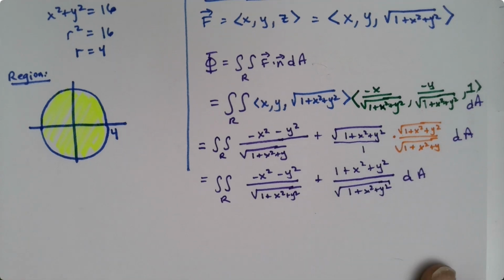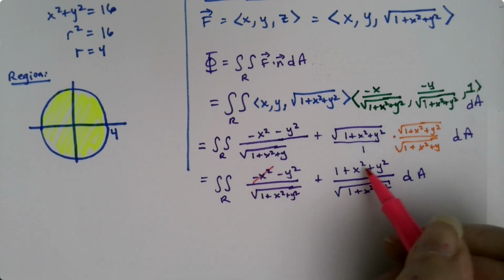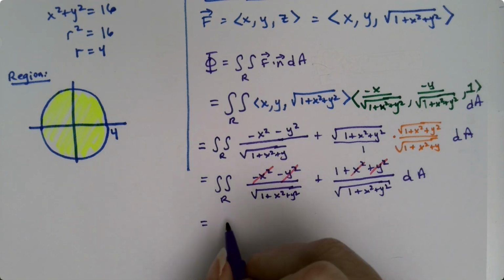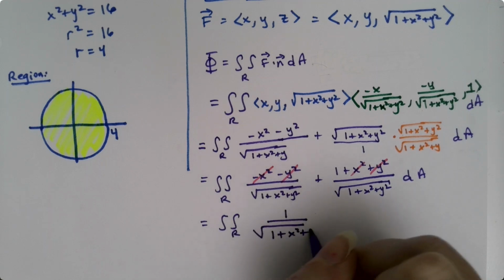And then look what happens. Negative x squared plus an x squared. These are like terms, so these are going to cancel, and these are going to cancel, and I'm left with 1 over that, because they combine together. So this will be the double integral over the region of 1 over the square root of 1 plus x squared plus y squared.